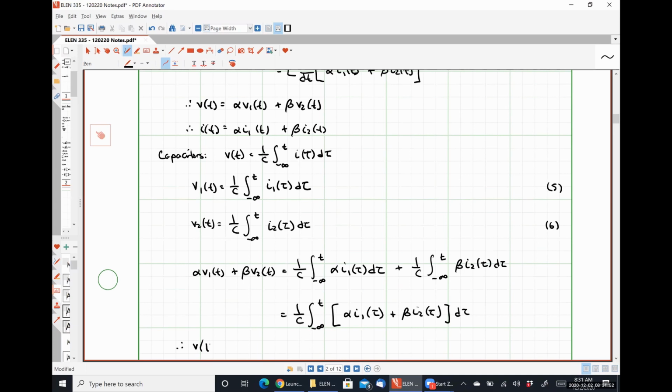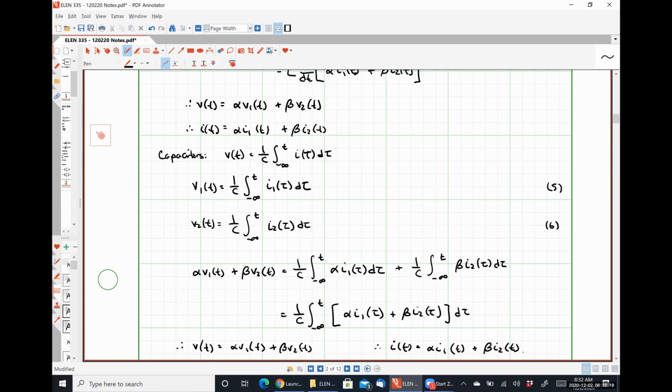V of t is alpha V1 plus beta V2, and I of t is alpha I1 plus beta I2. So we have proven that resistors, inductors, and capacitors all behave linearly.